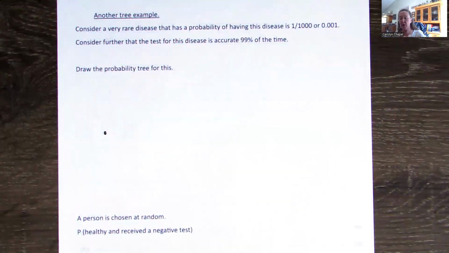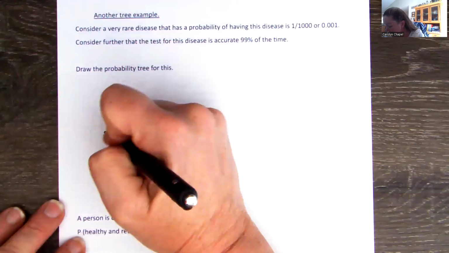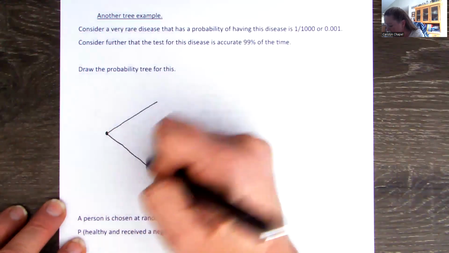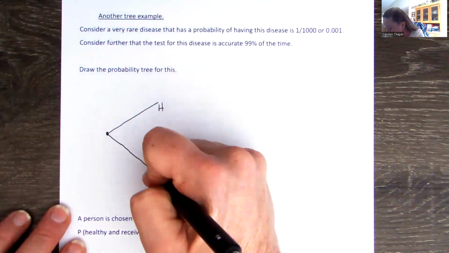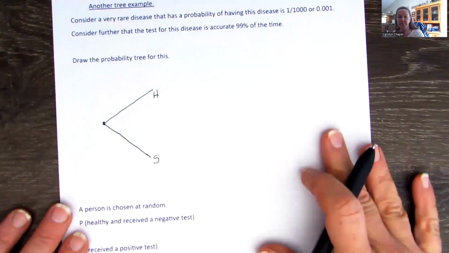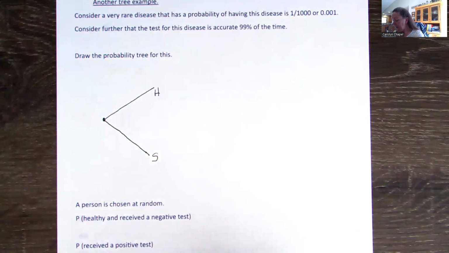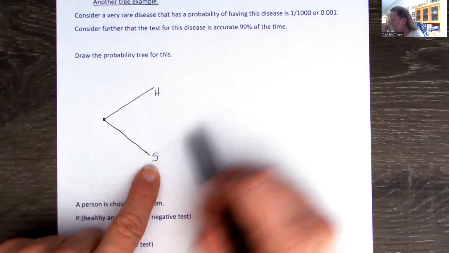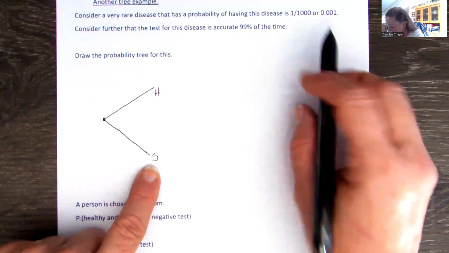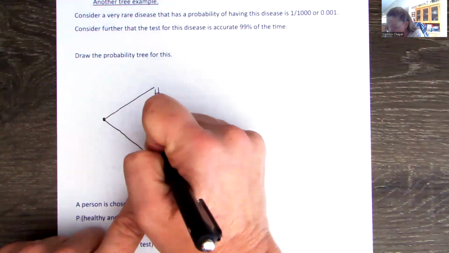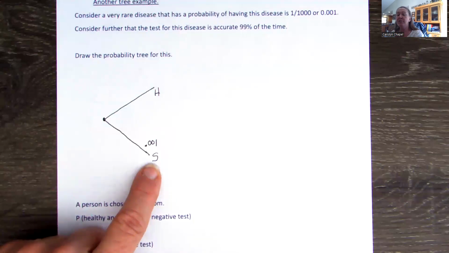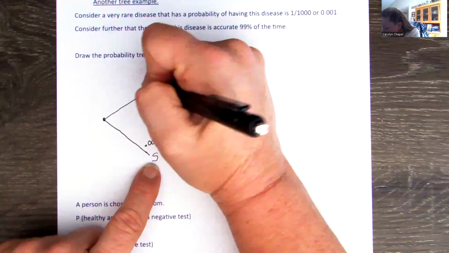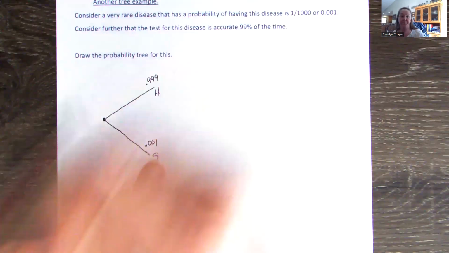And when we go in to have this test, we already know, or we don't know it, but you are either healthy or sick. So I'm going to go healthy or sick. Okay, the probability that we are sick, I'll do that one first, is 0.001. Which means the probability that we're healthy, that's everybody else, is going to be 0.999.